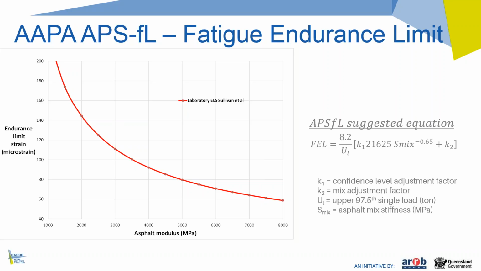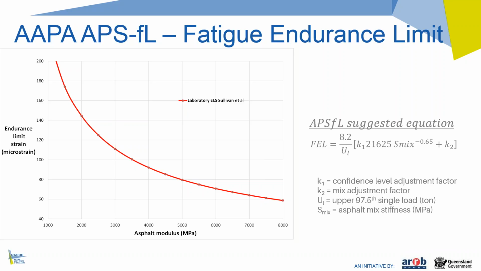In simple terms, the fatigue endurance limit is a function of the asphalt modulus, and when we have a lower modulus, for example in a hot summer in Queensland, we expect a higher fatigue endurance limit. The idea is that as long as the calculated critical strain at the bottom of the asphalt stays within this fatigue endurance limit, then a very long pavement life is expected.